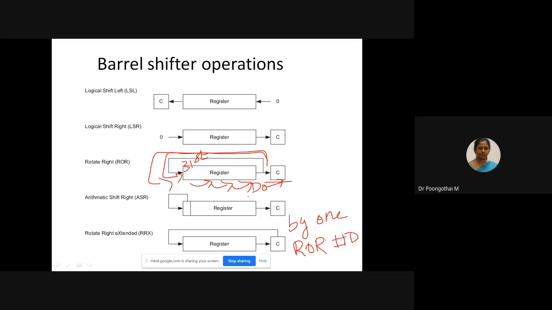Only one rotation is allowed; we cannot specify the number of rotations in the instruction. Your D0 is placed into carry, carry goes to the 31st bit, and bits are rotated towards the right. So this allows a complete 32-bit rotation using your register operand and the carry flag.